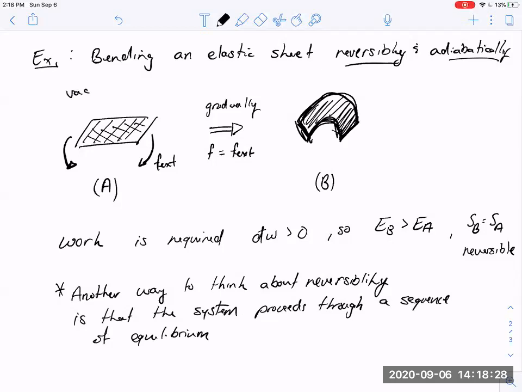I bend the sheet so gradually such that the molecules don't know that this macroscopic object that they are embedded in has changed.